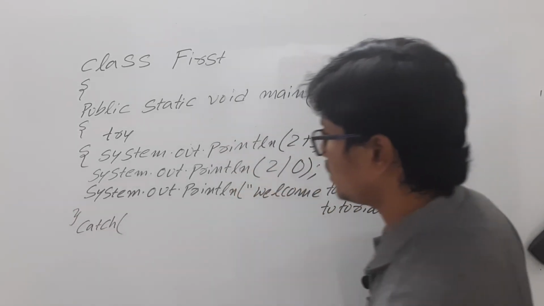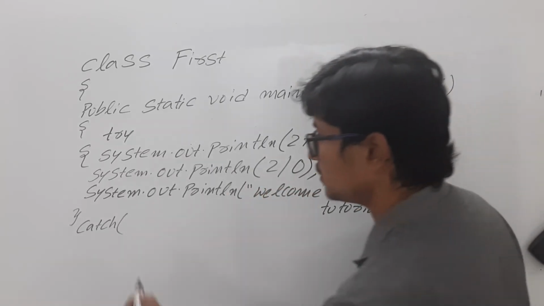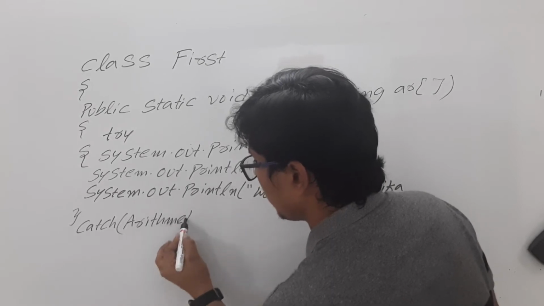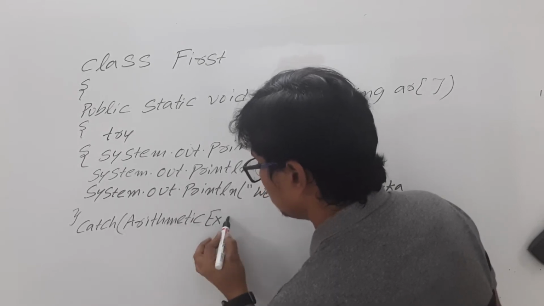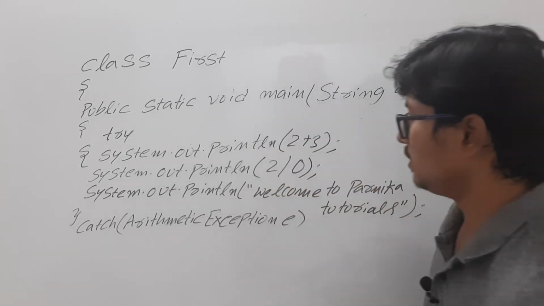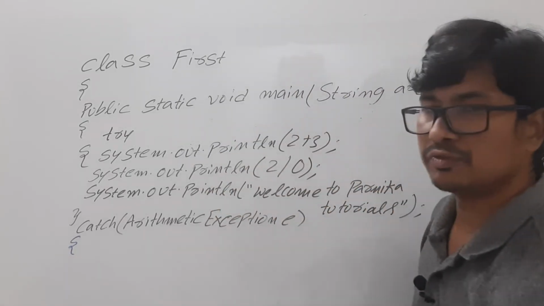Okay, catch, you can write what kind of exception it is. It is an arithmetic exception. So you can write ArithmeticException e. Then you need to write here what you want to perform now.